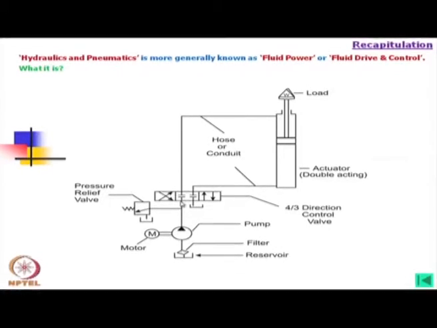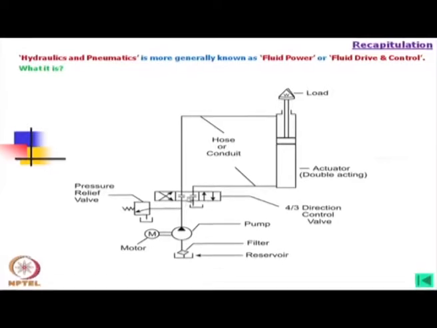Now, this port, usually you will find a P written here. P does not mean the pump, rather it is the pressure port. The pressurized oil will enter through this. Now, then it can go either in this direction or in this direction.